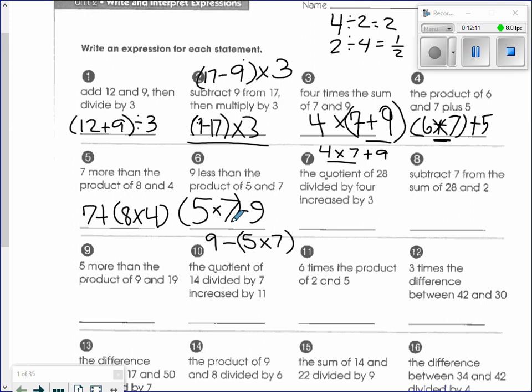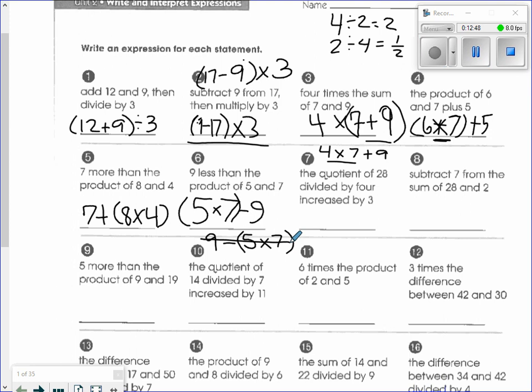So 9 less than. If we're doing more, then we know that we have to add. But if we're doing less, that means that we would subtract. So 9 less than the product: we find the product, and then we need to go 9 less. Take 9 out of it. So that's why this one doesn't work.